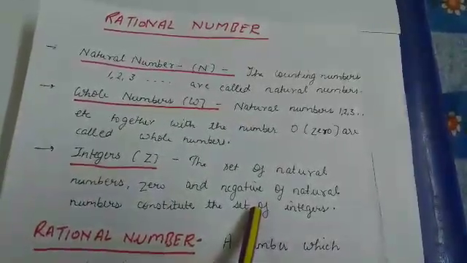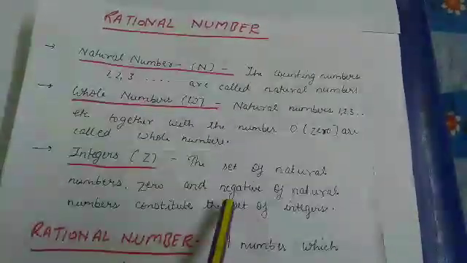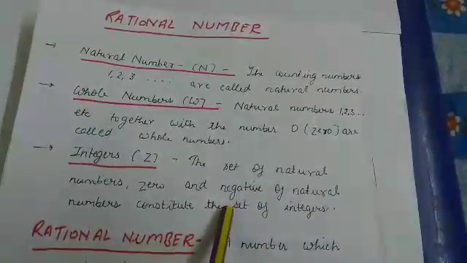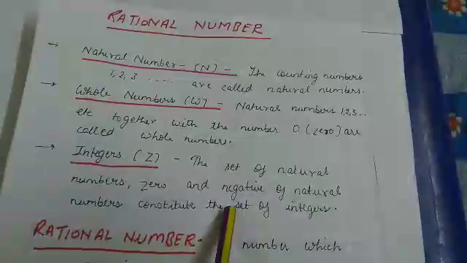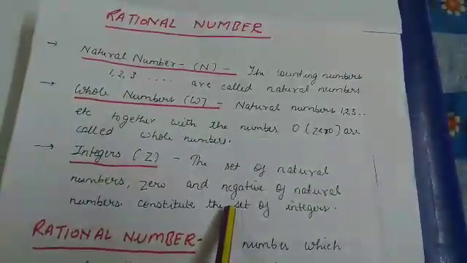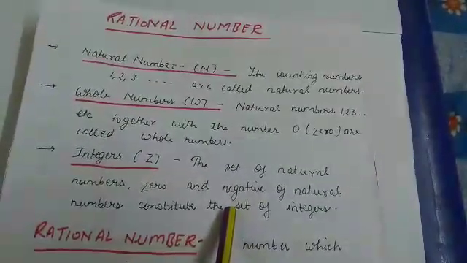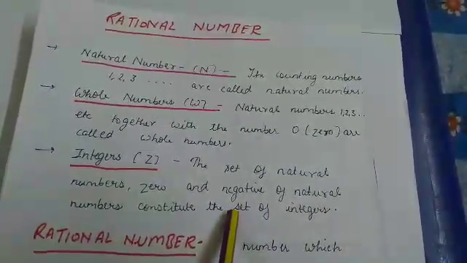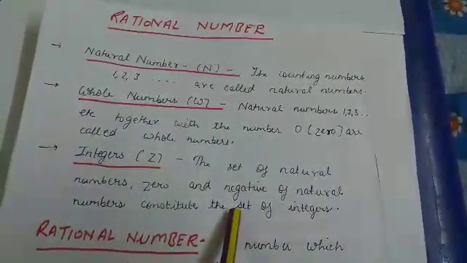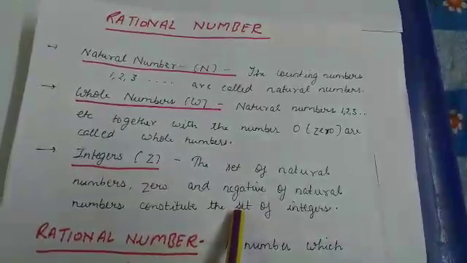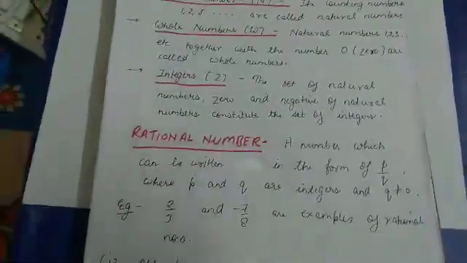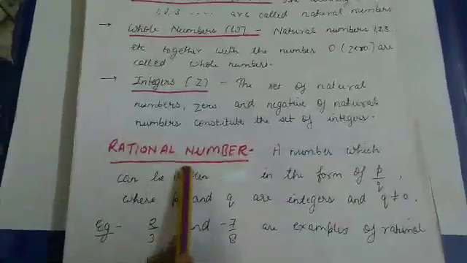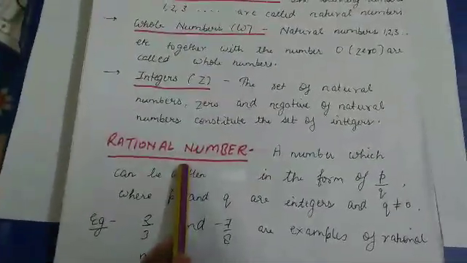Whole numbers start from 0, and all the negative natural numbers, natural numbers with the negative sign. Example: -1, -2, -3, all the negative numbers, 0 and all positive numbers 1, 2, 3, 4, 5, 6. These are integers.